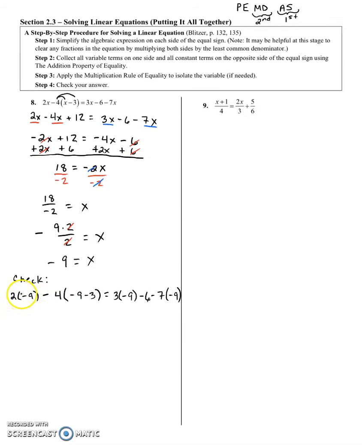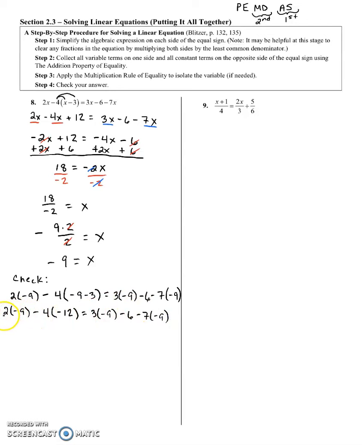So let's see, order of operations here. We start by simplifying parentheses, right? So -9 minus 3 is a -12, and everything else, unfortunately, doesn't simplify yet if we're following order of operations.